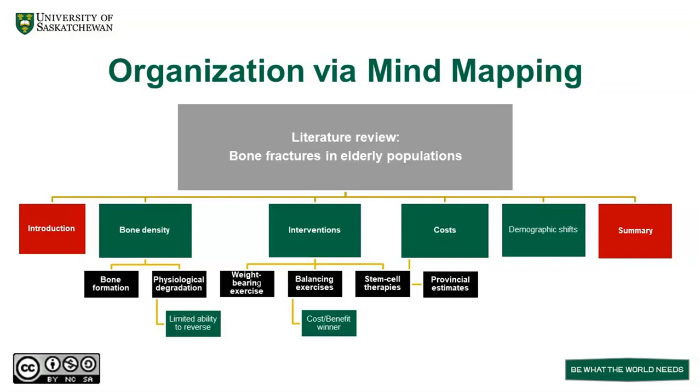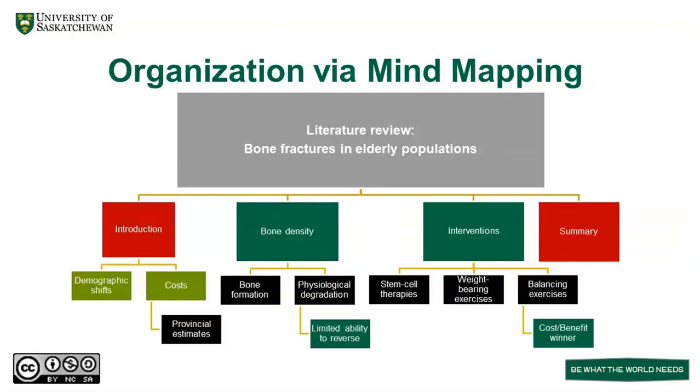So we might begin with a structure that looks like this, but then we might determine that actually, when I look at this in a bit more detail, there are really two major themes, but within these themes, we have more sub-themes and more sub-sub-themes. And some of the information that I identified as an important theme is actually just more contextual information, and that information can go into the introduction instead.